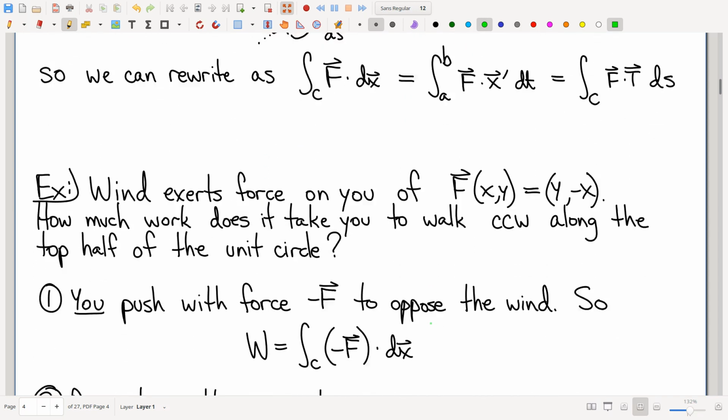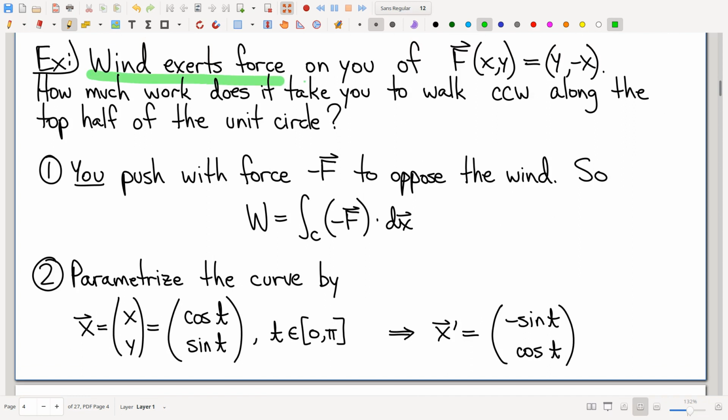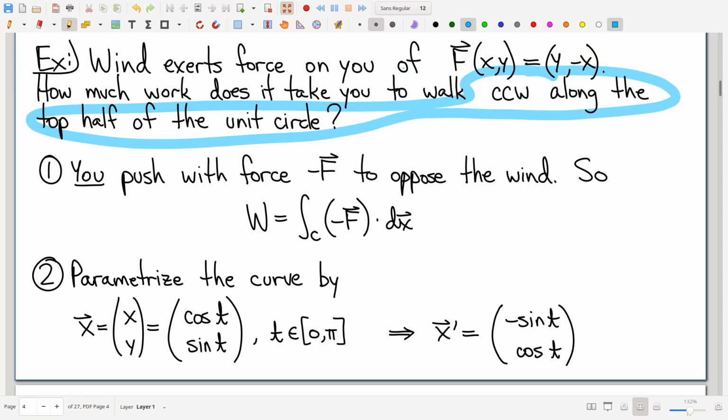Okay, so here we go. Let's do one. What we have here is a wind exerting a force on us as we walk. And here's a formula for the force that the wind is exerting on us. We want to know how much work it takes us to walk along our curve. And notice that our curve is explicitly given.